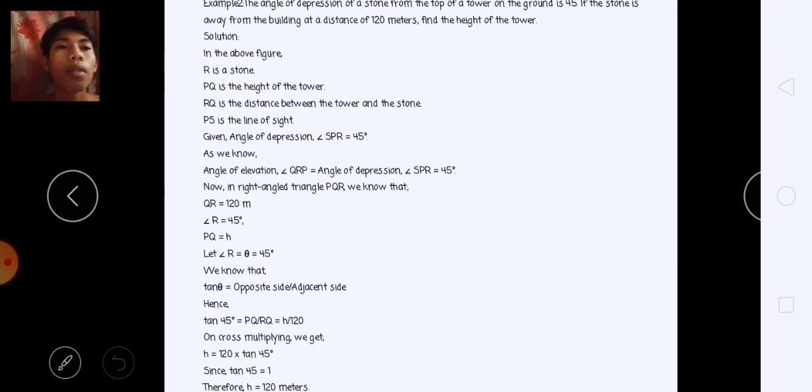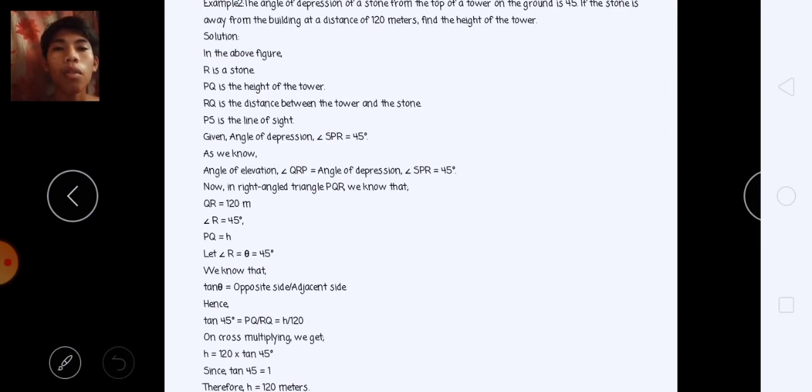So next example. The angle of depression of the stone from the top of the tower on the ground is 45 degrees. If the stone is away from the building at a distance of 120 meters, find the height of the tower. The solution. Let's say again, R is the stone, PQ is the height of the tower, RQ is the distance between the tower and the stone, and PS is the line of sight. Given the angle of depression, which is angle SPR, is equal to 45 degrees.